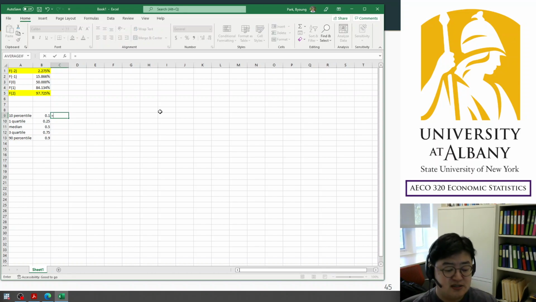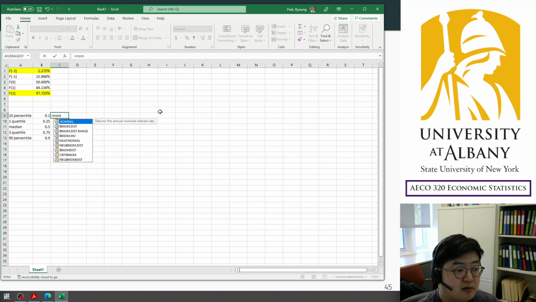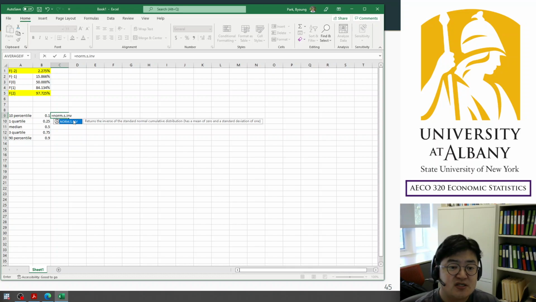The difference here is you are going to use another formula, NORM.S.INV. INV stands for inverse: standard normal inverse. It returns the inverse of the standard normal cumulative distribution, right? And there is only one argument, which is the probability.